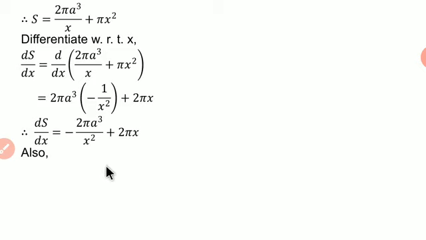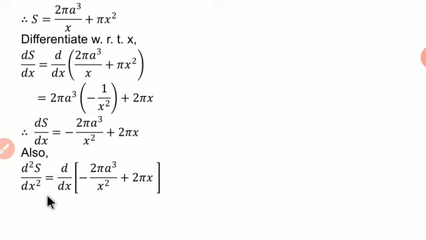Again, if we differentiate this, we get d square s by dx square is equal to d by dx of minus 2 pi a cube upon x square plus 2 pi x. Now this minus 2 pi a cube is constant, so it is minus 2 pi a cube multiplied by the derivative of 1 upon x square, which is minus 2 upon x cube, plus 2 pi.